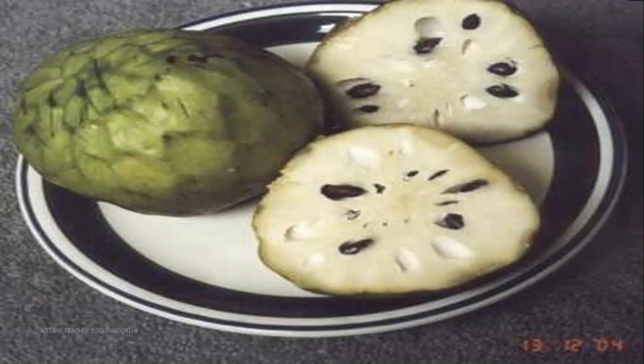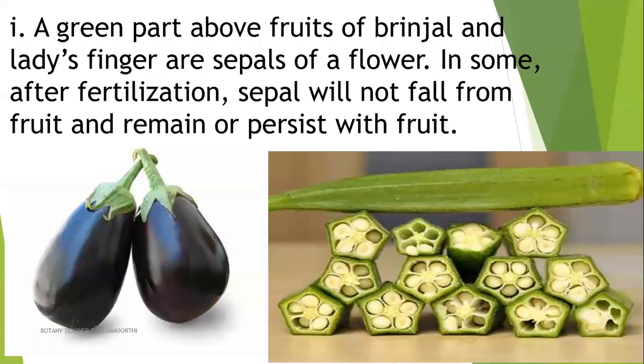All these are single fruits, but the custard apple has many small parts in it, each with a seed. Mango has a single seed and pea has many seeds. What can we understand from this? The number of seeds within the fruit is based on the number of ovules.